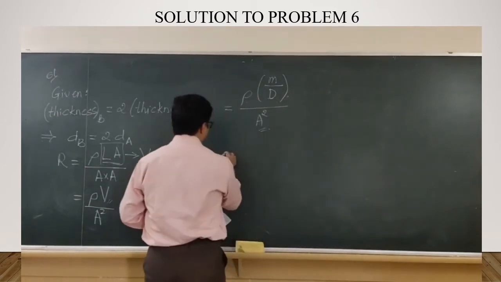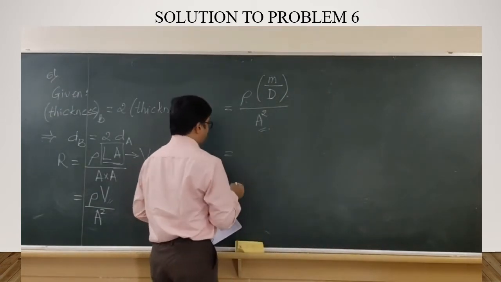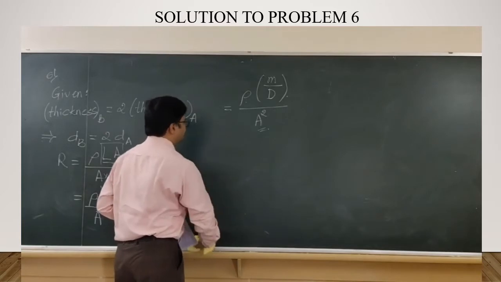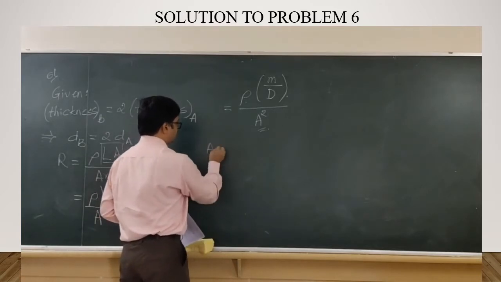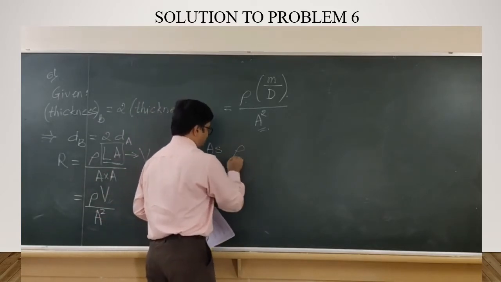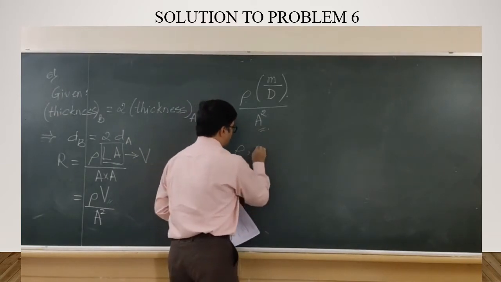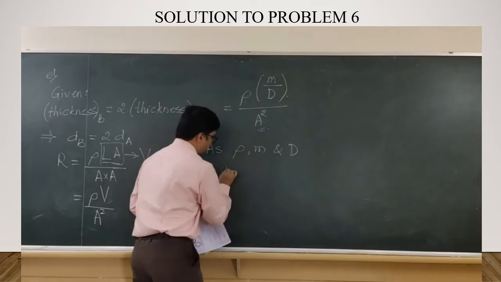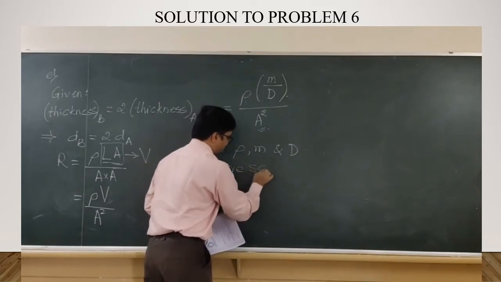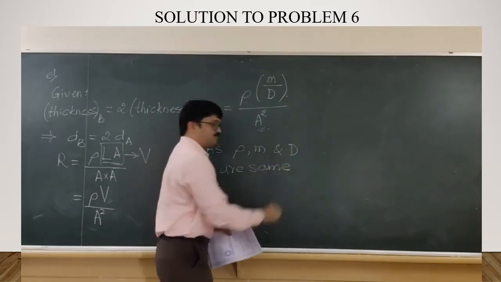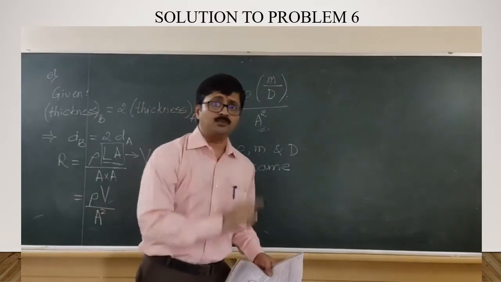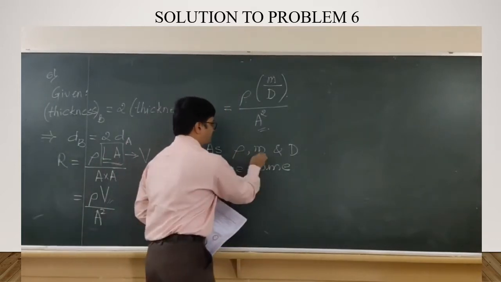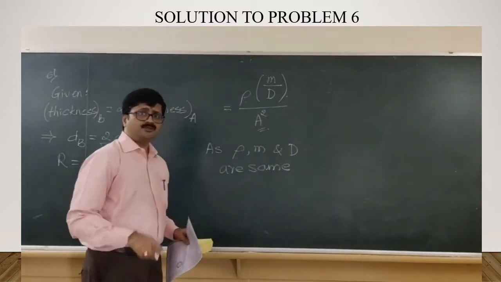So accordingly I can very easily mention this fact here as resistivity, mass and density are same, because both the wires are made of nichrome, so obviously these 3 factors must remain same. Do you agree on that?